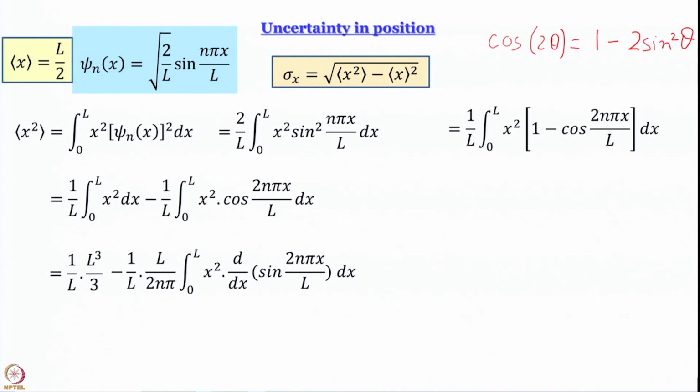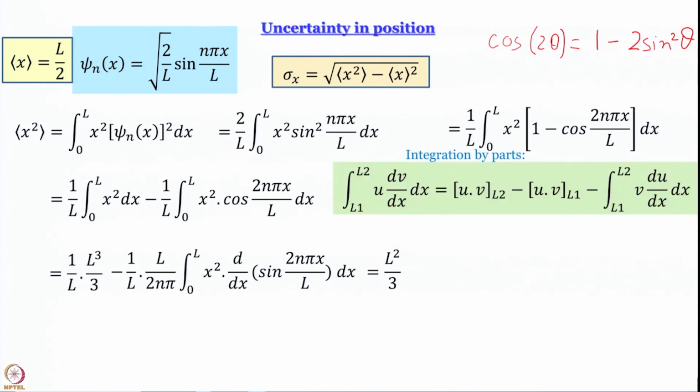But why do we have to write it in this manner in the first place? Because the formula for this integration by parts is this integral. Well, since we are doing a definite integration, we have written the formula for the definite integral as well.